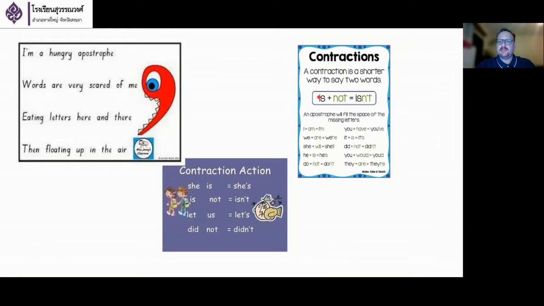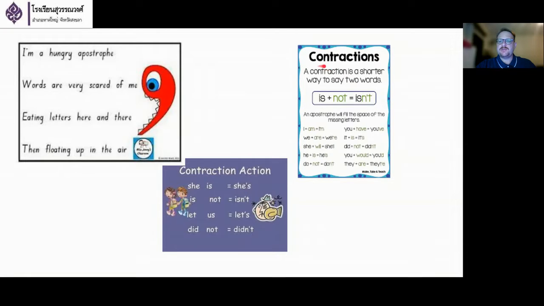Look at is plus not. This hungry apostrophe, he ate the O in not, and it became one word, isn't, I-S-N apostrophe T. Is not becomes isn't.